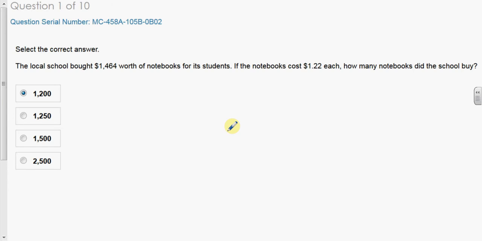So if we know how much they spent on the notebooks, and if we know how much each notebook costs, then if we divide, we have what's left, the number of notebooks.